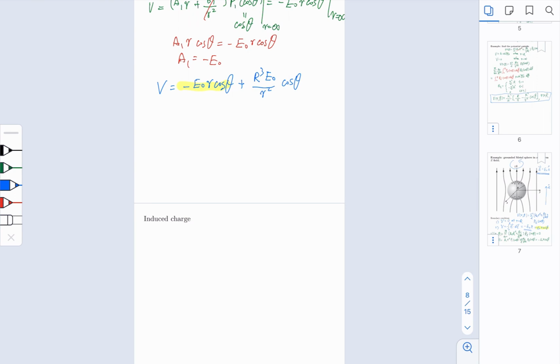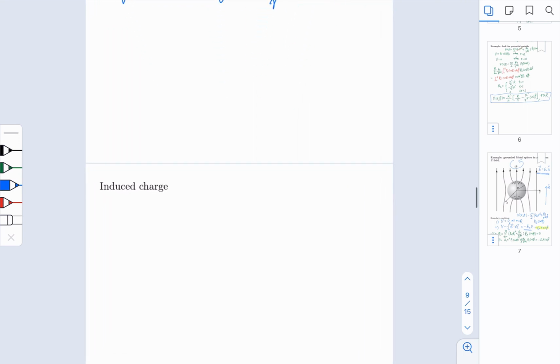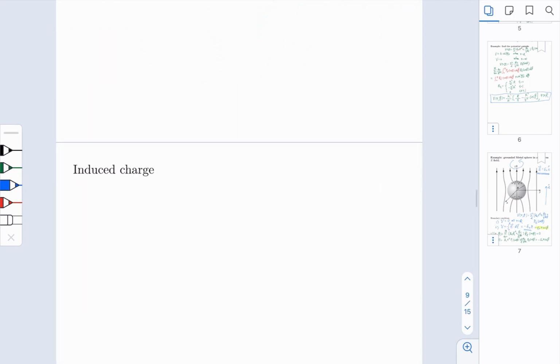So the induced charge, again, the formula for the induced charge is somewhere that we've already given in the previous lectures. So the induced charge should be proportional to the electric field perpendicular to this metal.